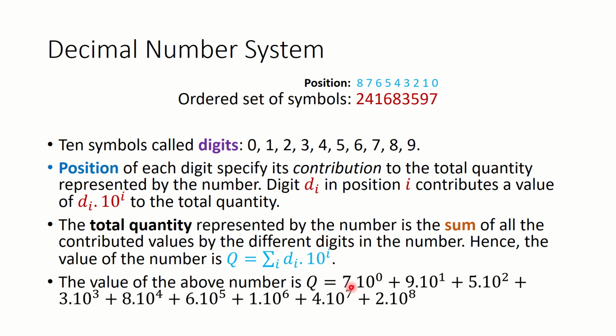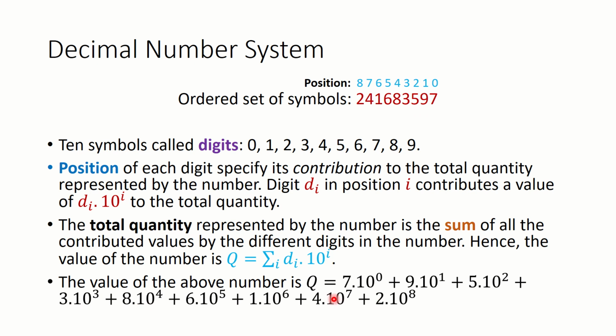Here, the digit is 7 and i is 0, so 7 into 10 to the power of 0, plus the next digit 9 times 10 to the power of 1, plus the next digit 5 times 10 to the power of 2, plus 3 times 10 to the power of 3, plus 8 times 10 to the power of 4.